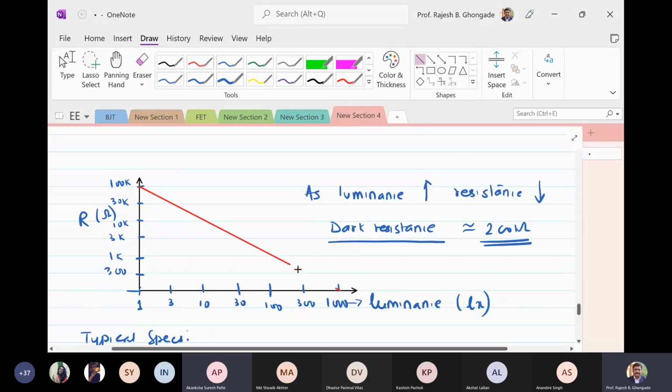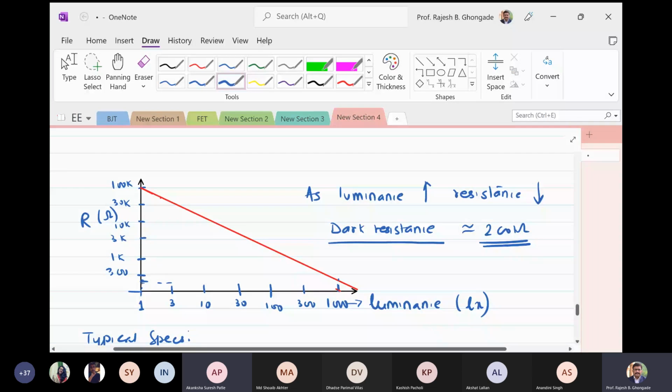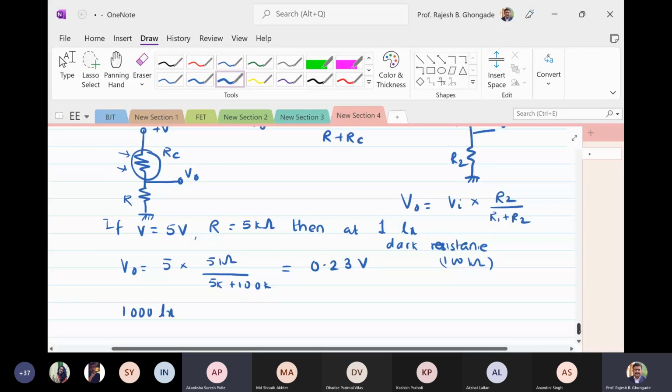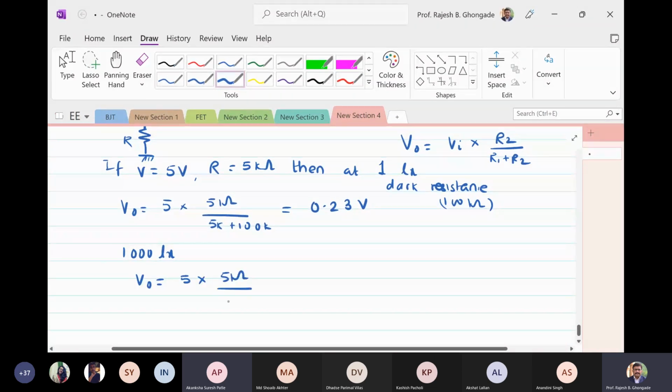Let us say it is 200 ohms. So calculate the output voltage now after illumination: 5 into 5K divided by 5K plus 200 ohms. That is nearly equal to 5 volts. To be more precise, it will be 4.8 volts.